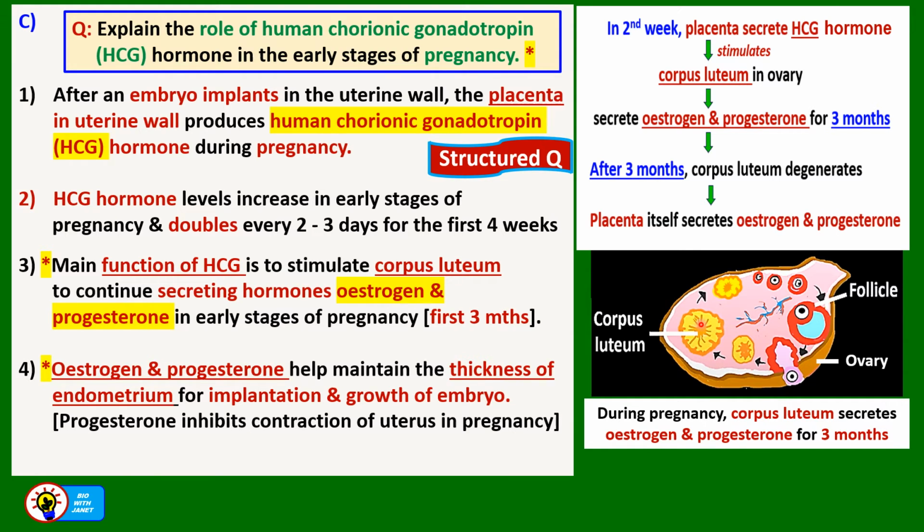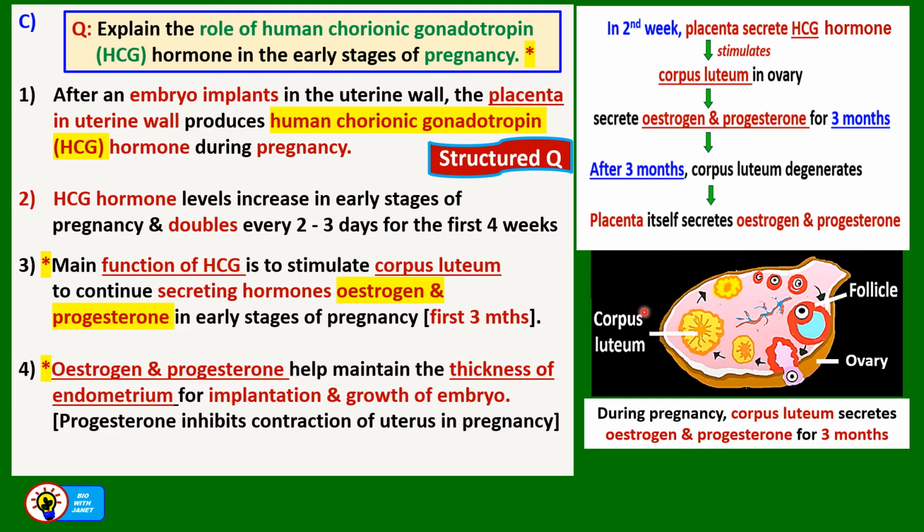So it has to continue secreting estrogen and progesterone for the next 3 months in order to maintain the thickness of the endometrium, so that the embryo or blastocyst can implant into the endometrium and then grow there.